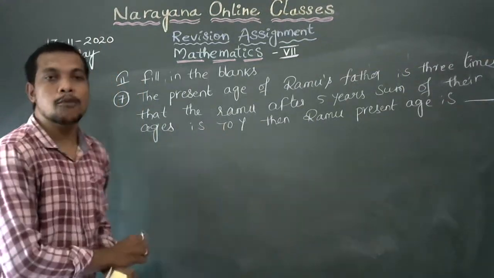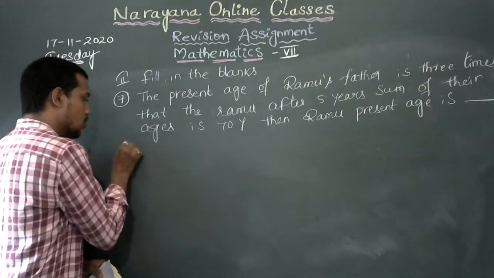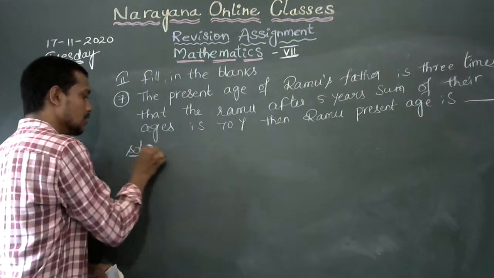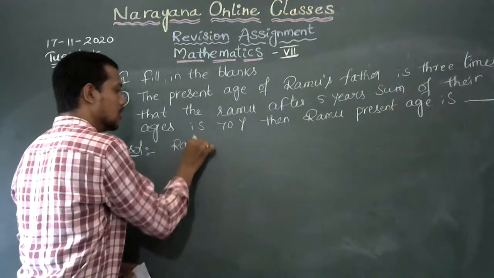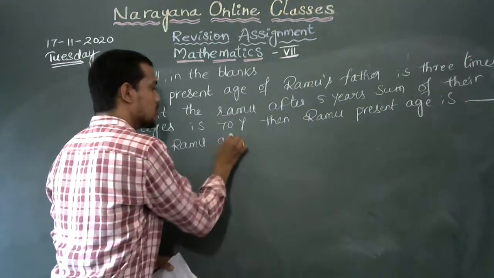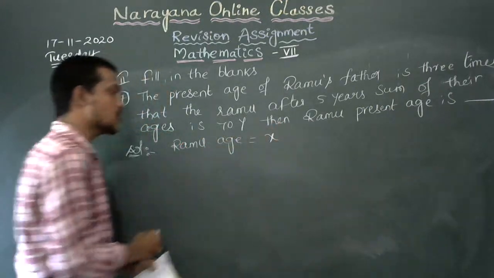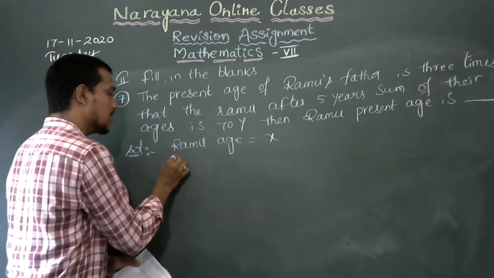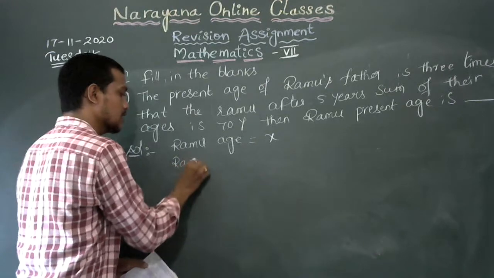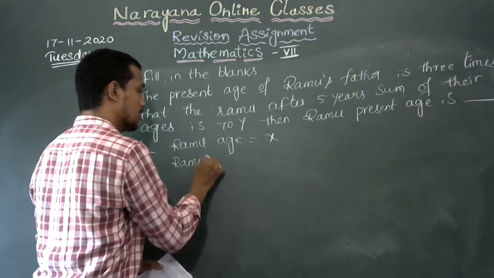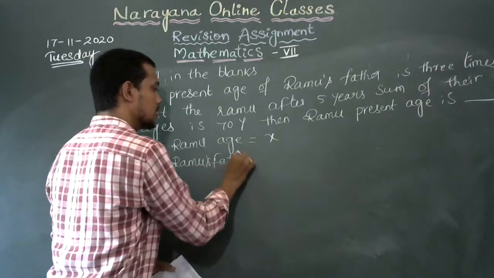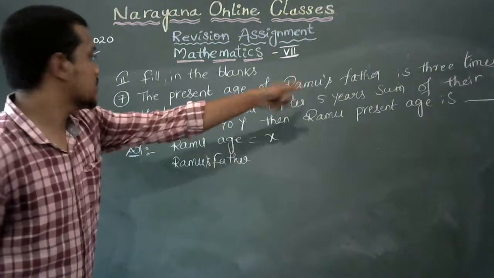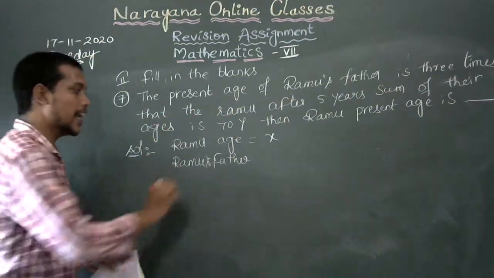We don't know the Ramu's present age. So here solution. Ramu's age. So we don't know, that's why I'm keeping x. Ramu's father's age. Here Ramu's father is 3 times the Ramu's age, no?